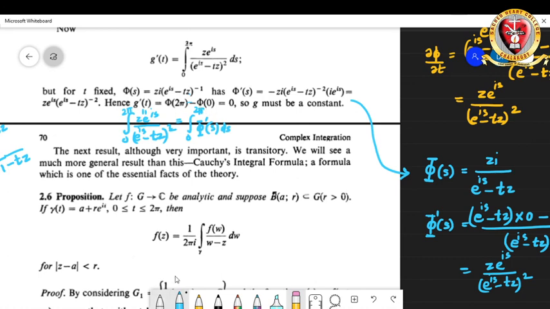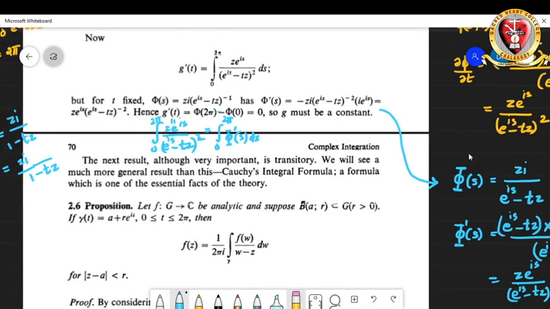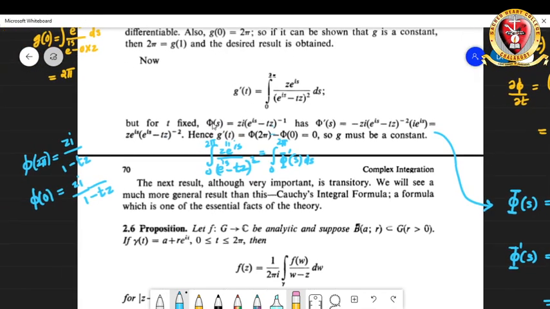So calculate Φ(2π). When you calculate capital Φ(2π), you get zi divided by (1 − tz). Φ(0) is also equal to zi divided by (1 − tz). So you get Φ(2π) minus Φ(0) is equal to 0.